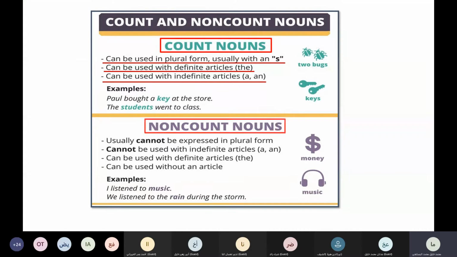The students went, etc. Non-count nouns, I think we talked about them, usually cannot be expressed in a plural form. We cannot say waters. They cannot be used with an; we cannot say an oil. They can be used with the article the. Cannot be used with an or a. I listen to music, not a music. Okay.